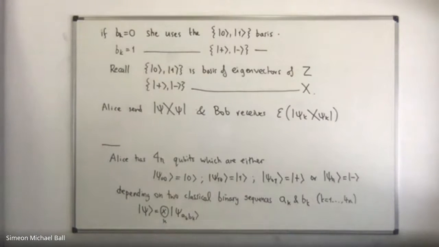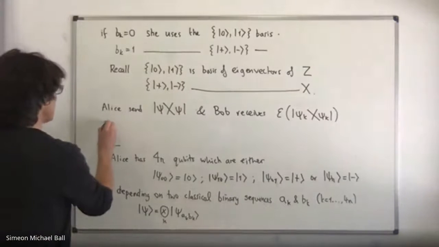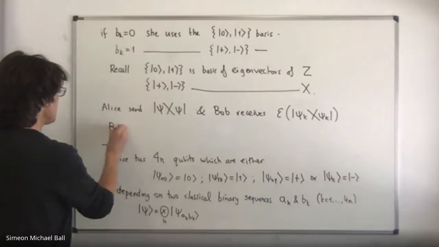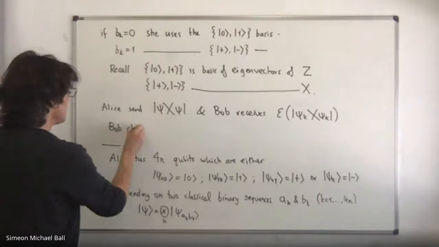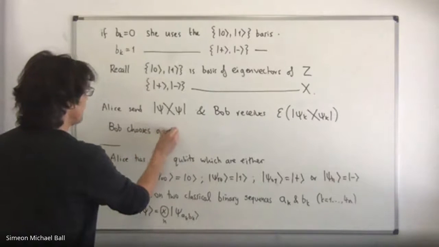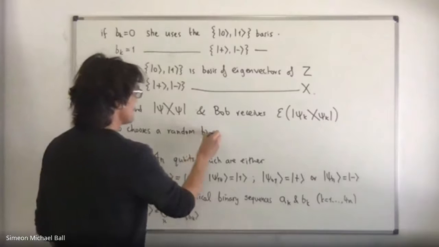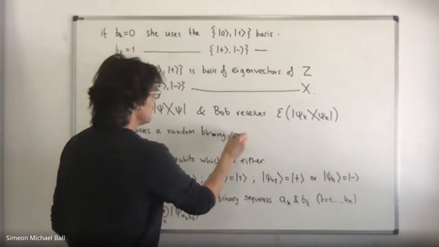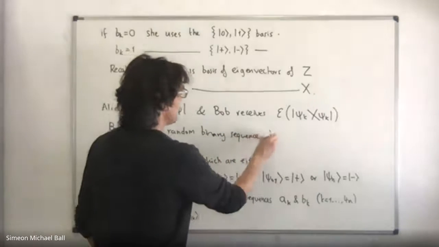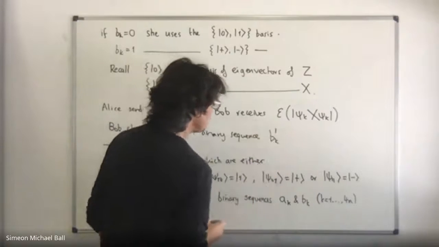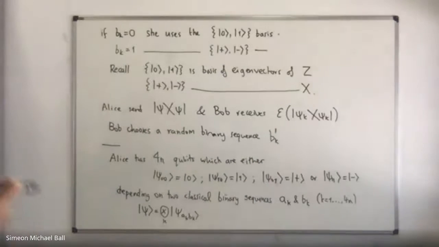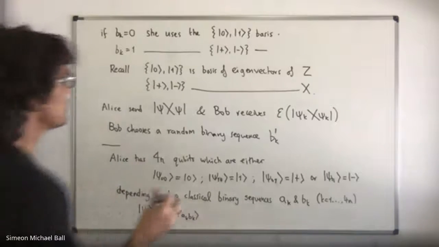Now what he does is he chooses a random string himself. So Bob chooses a random binary sequence B_k dash, and measures.